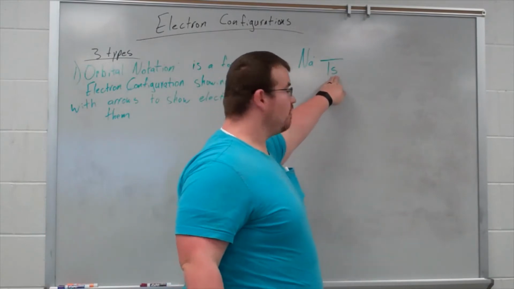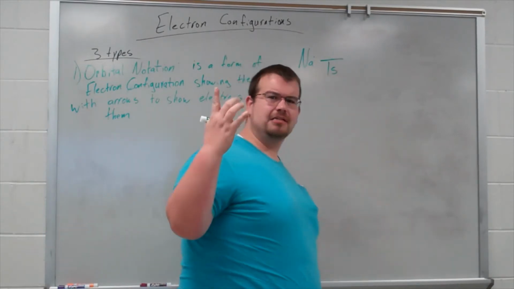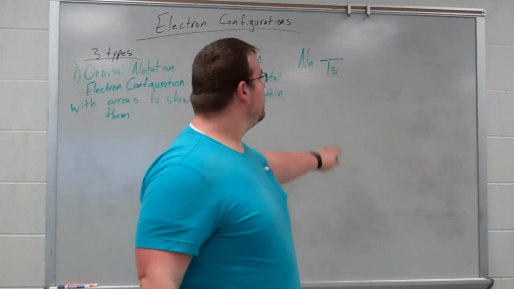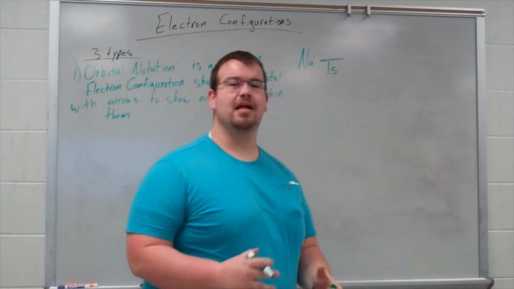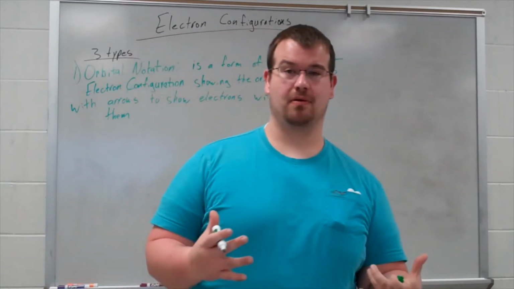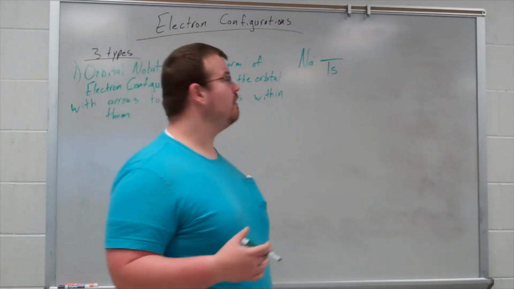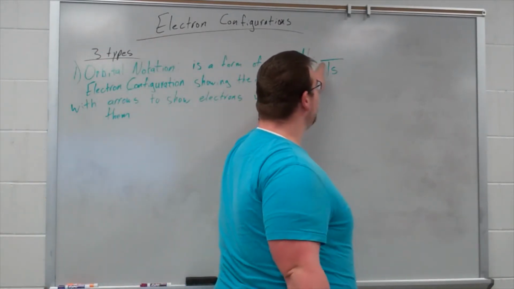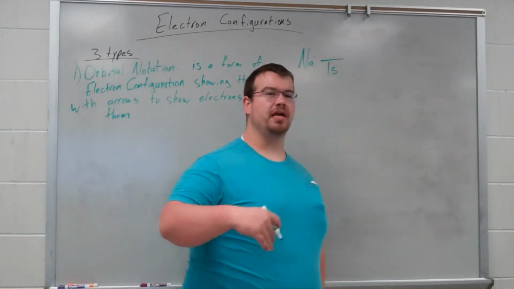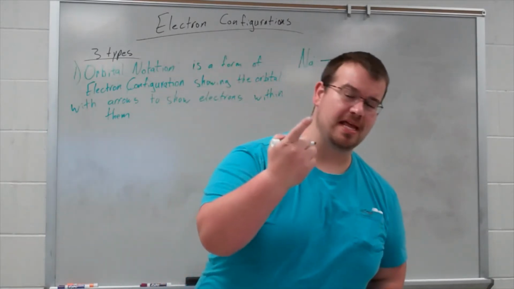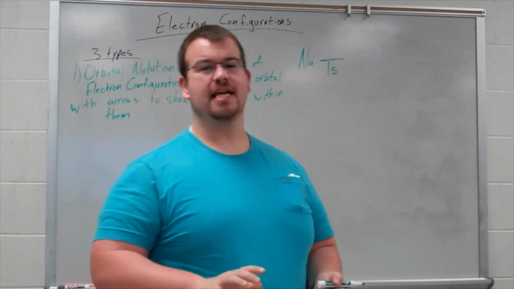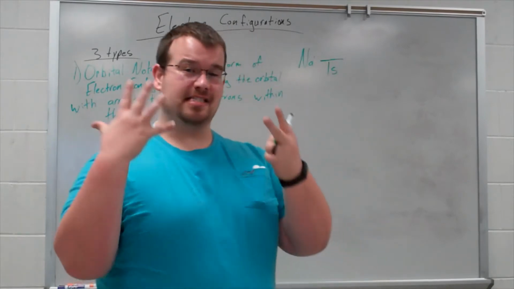And that letter, there's four different letters we're going to deal with: S, P, D, and F. Those letters are telling you the shape of it. And the empty spaces up here, which you'll see as we go through: S has 1, P has 3, D has 5, and F has 7.